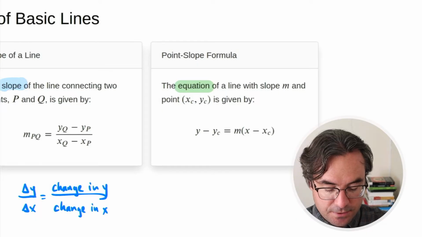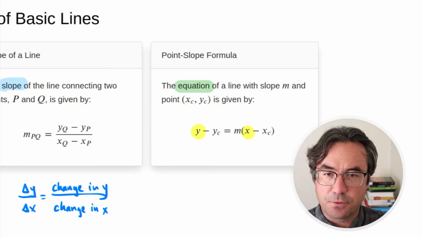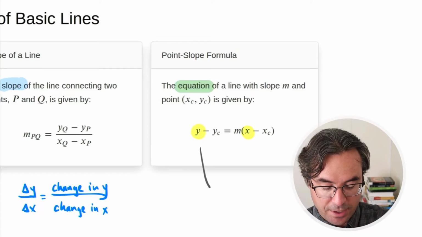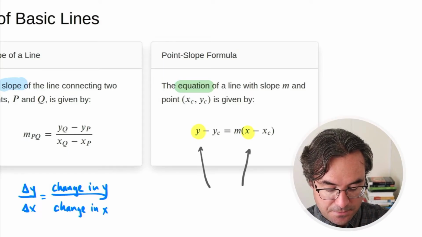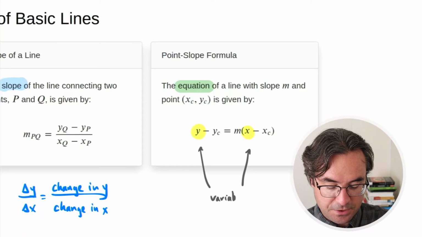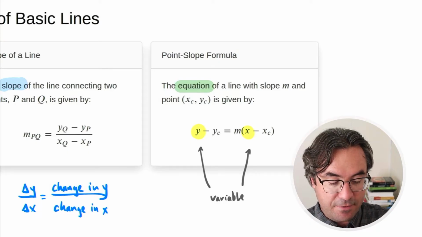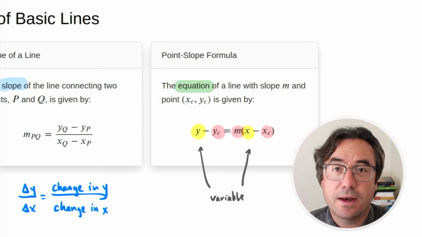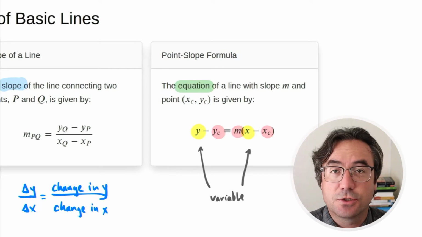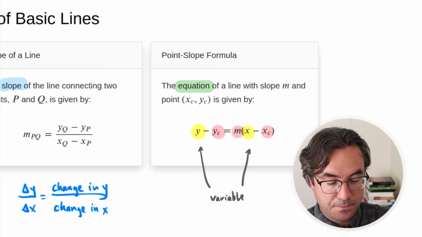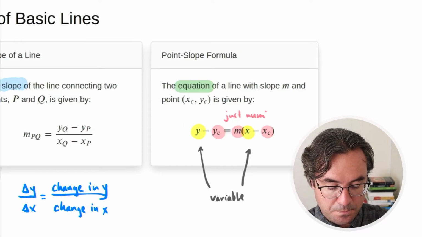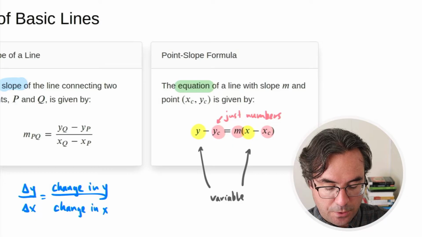And when we do this, the y here and the x here, those are actually just variables. So worth just pointing that out. These are just variables. And then everything else, the y coordinate, m, and the x coordinate, those should all just be numbers. Okay.